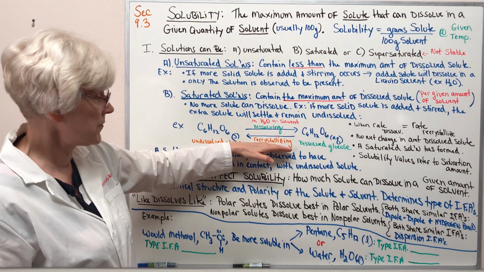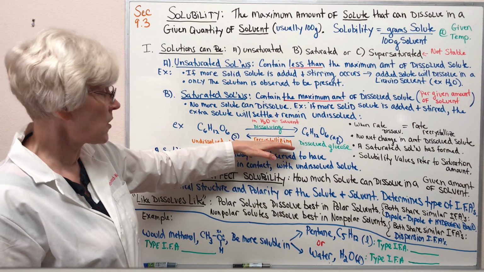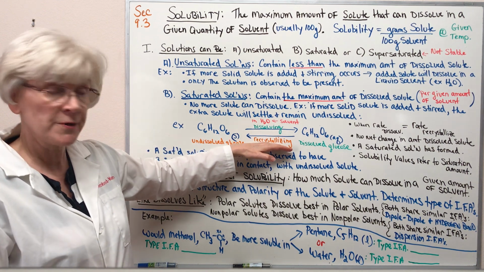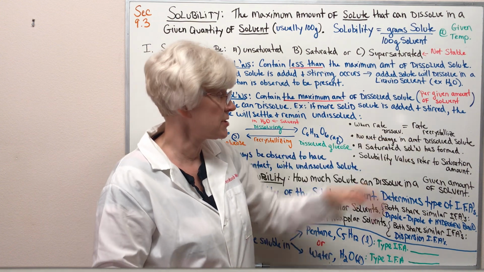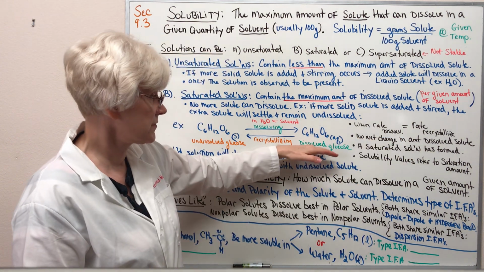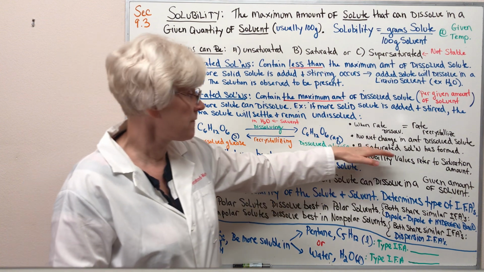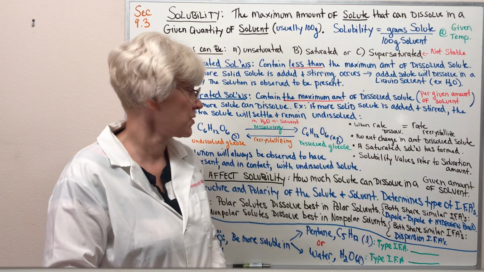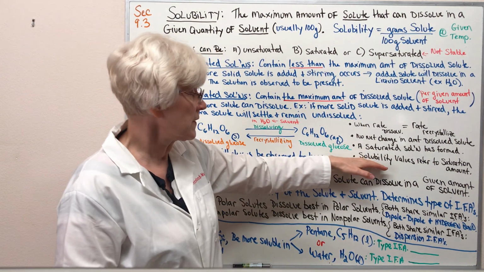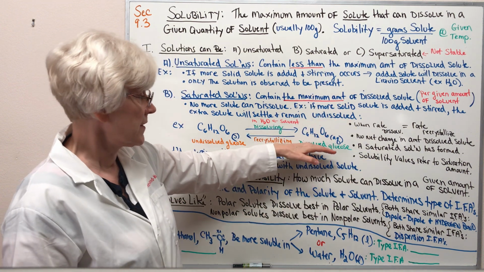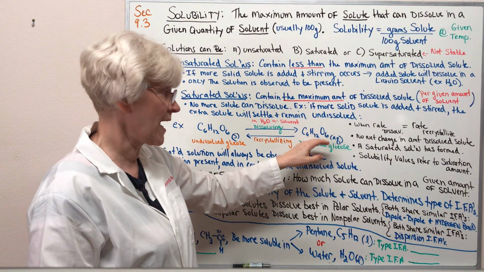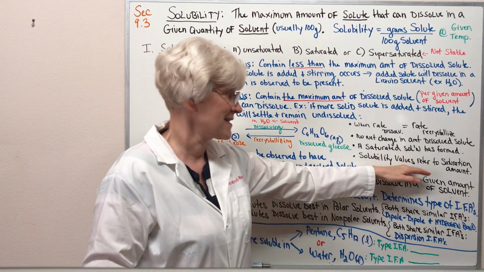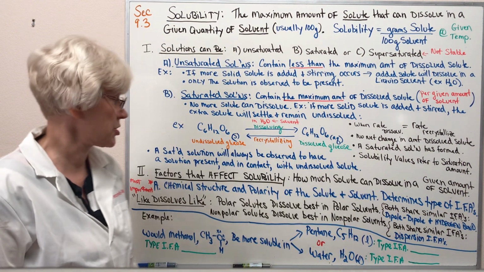So arrows in both directions. Rate of dissolving equals rate of recrystallizing, and therefore no net change in the amount of dissolved glucose. You have formed a saturated solution. And solubility refers to the amount of a solute that can dissolve or has dissolved when saturation has been reached.